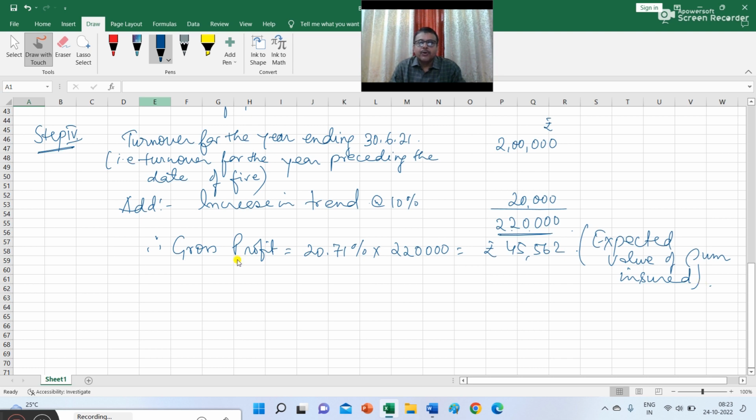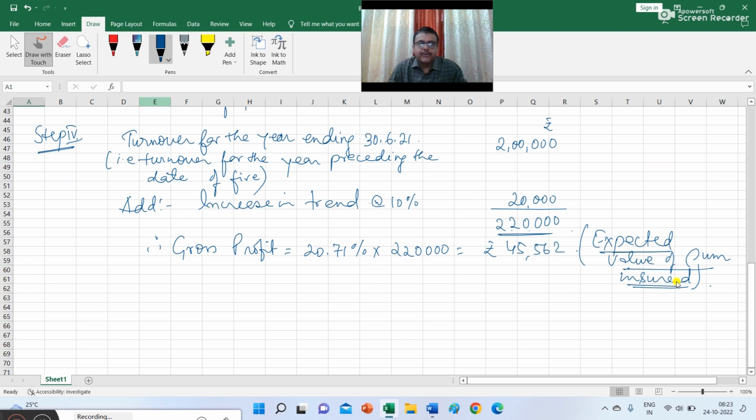So in step 4, we have basically calculated first the expected value of sum insured. For calculating it, we have to consider the turnover for the year ended immediately preceding the date of fire, which happened to be 2 lakh rupees. With this figure, we have added the increase in trend, that is 10%, which gives 2,20,000.